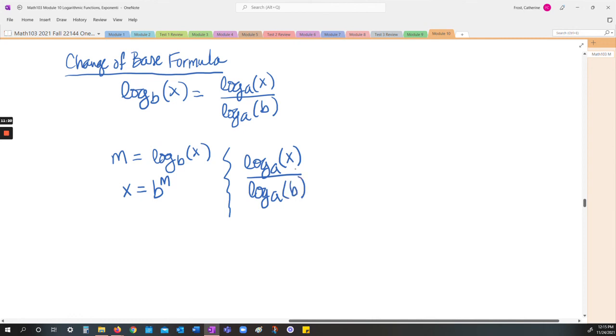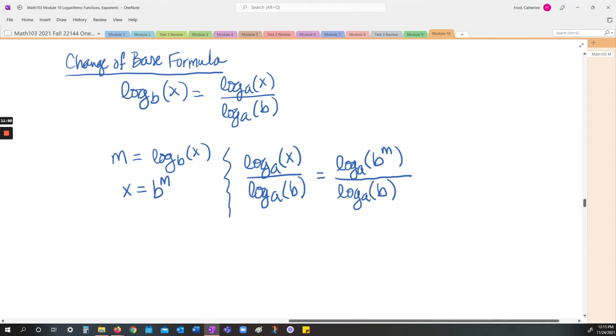What we're going to try and do is show that this simplifies to just log base b of x. So let's write x as b to the m, and then apply the properties that we've learned about. So we have log base a of b to the m power, over log base a of b.